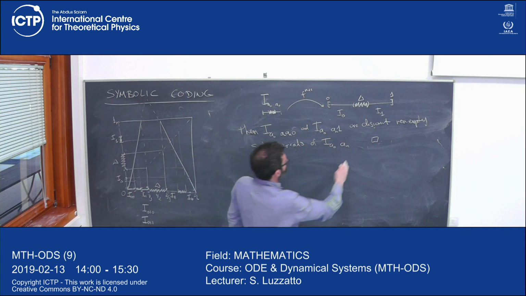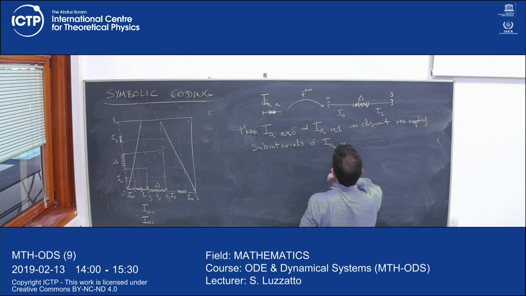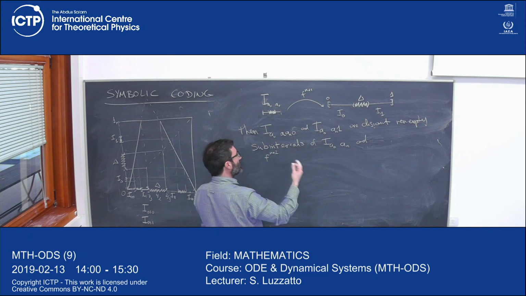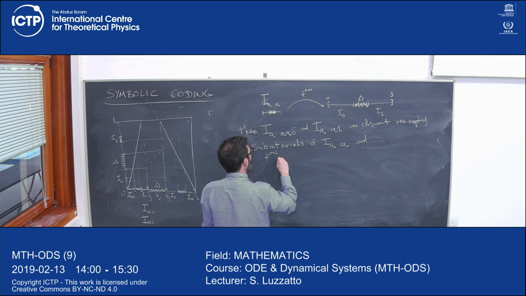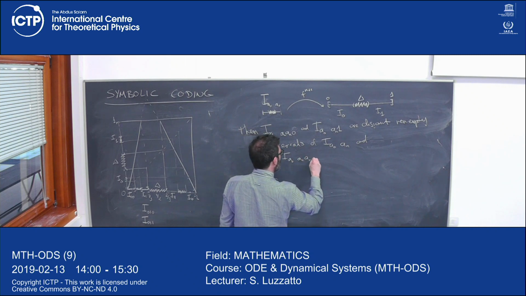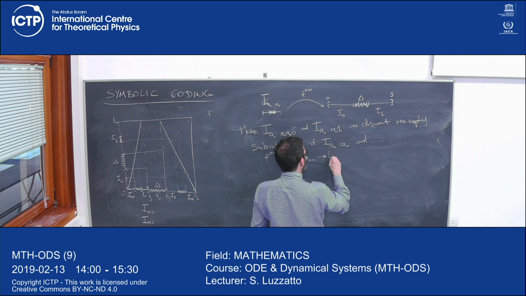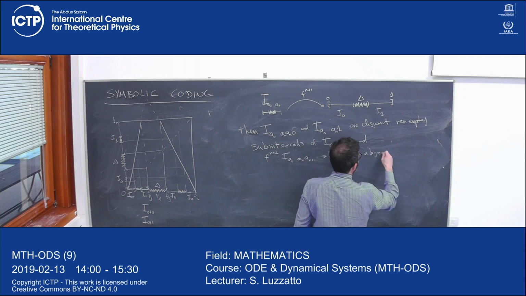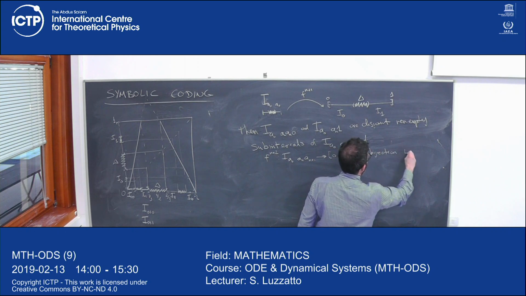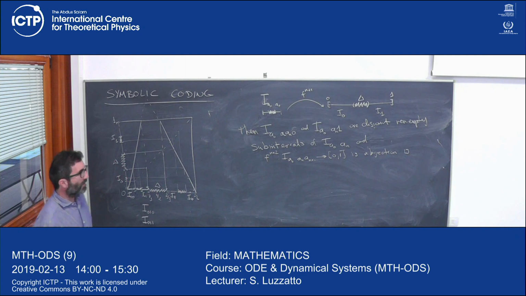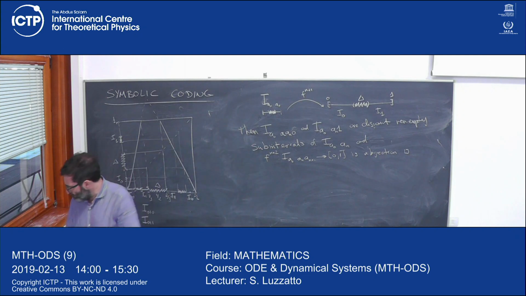So there was one more step: non-empty subintervals I0, and Fn plus 2, the next step, from I0 to [0,1] is a bijection. Okay, so that completes the inductive argument and shows in particular that these are non-empty closed intervals.